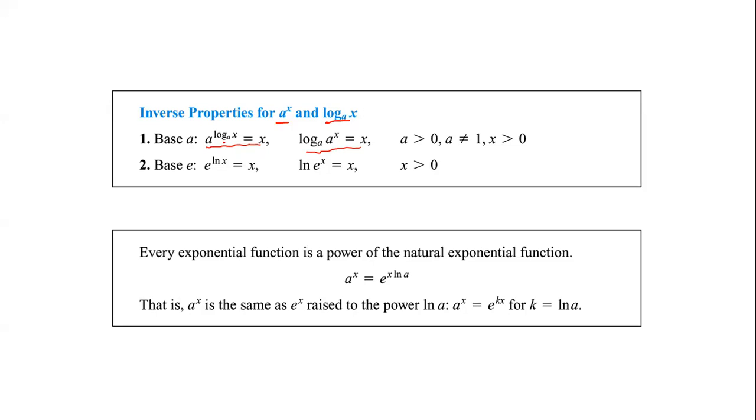Doctor, remember the rule that we were talking about all lecture? F of g of x equals x. That means they are inverses of one another, right? Didn't we just now say that a raised to an exponent and log of that exponent are inverses of one another?